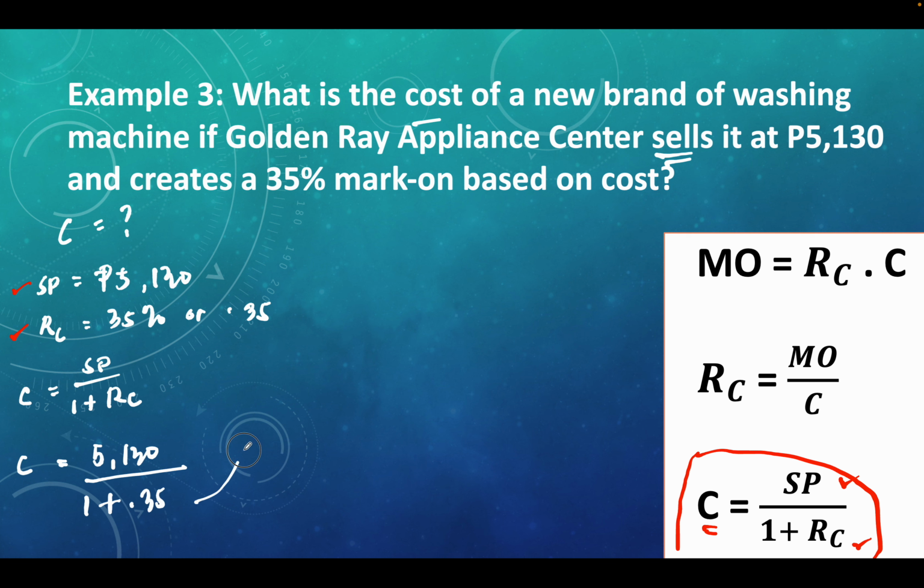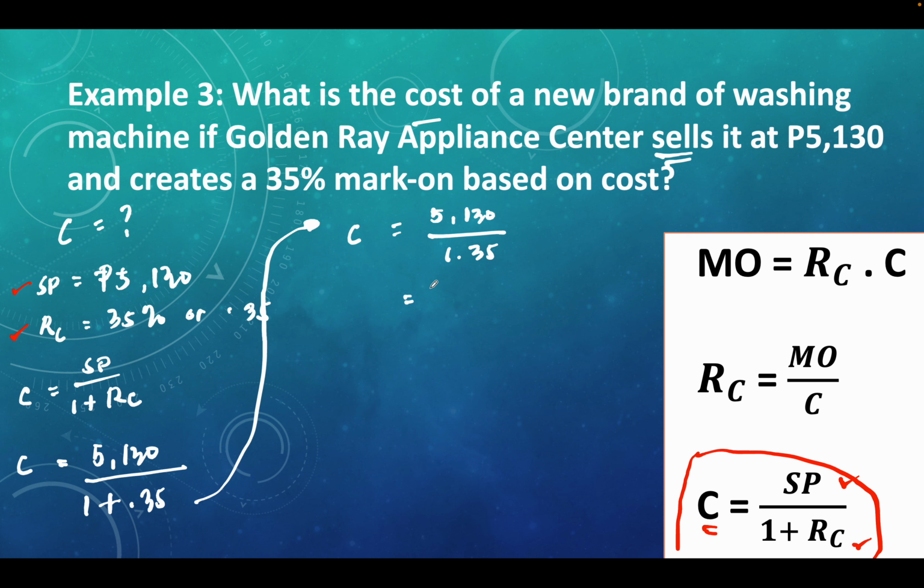Okay? So, cost is equal to, we copy down 5,130 all over, do the operation for this one. 1 plus 0.35 is equal to 1.35.